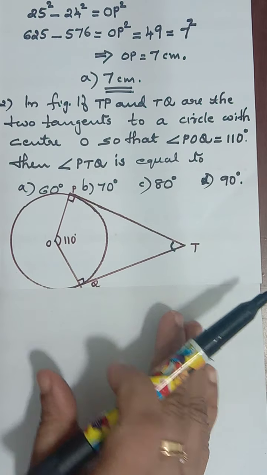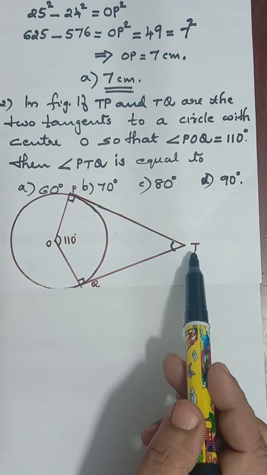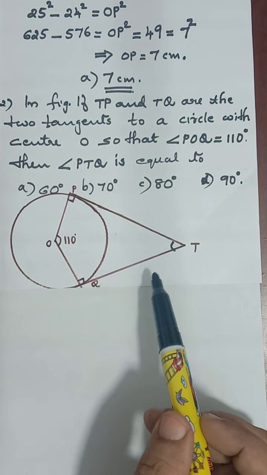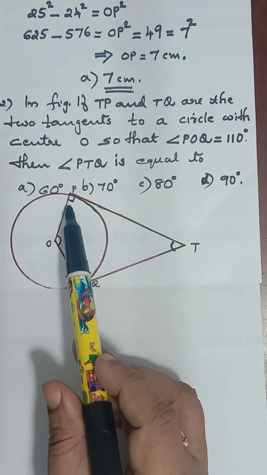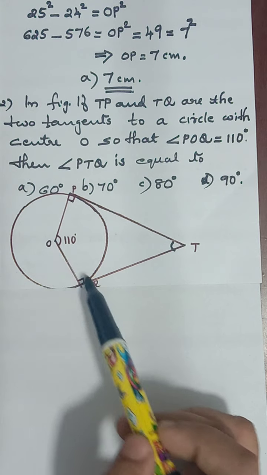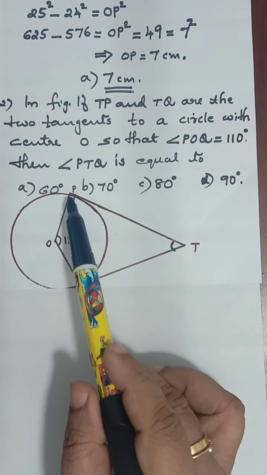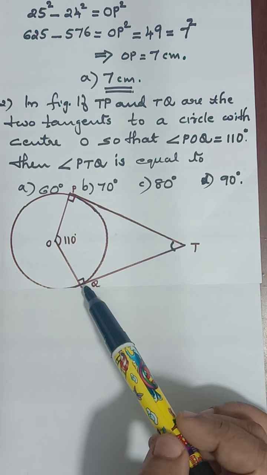Okay, so how do we find out? PT and QT are two tangents. Now we have to understand that OP is perpendicular, and similarly OQ is also perpendicular, so it forms 90 degree at these two places. This angle is 90, this angle also 90.